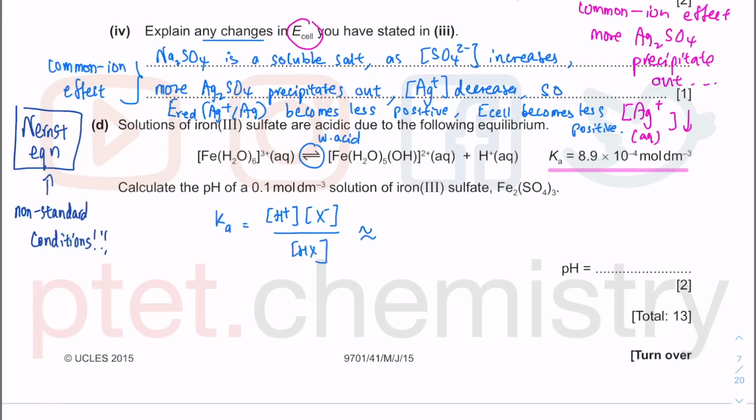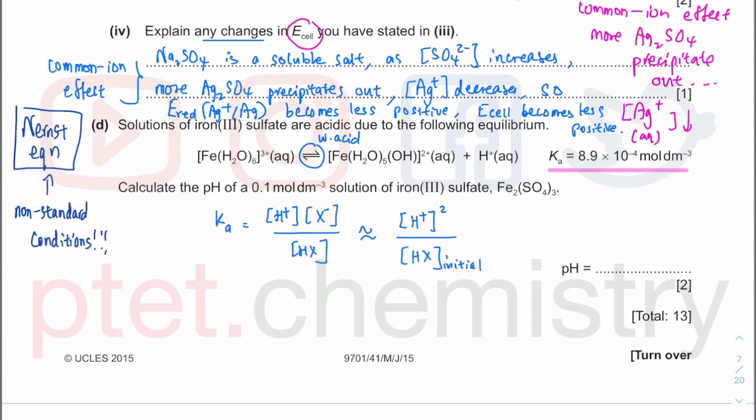We also know that these are in a 1-to-1 ratio, the conjugate base and the H+. So this is going to be approximated. You can approximate that to H+ squared, and then you can approximate the bottom to the initial concentration of the acid, since very little of it dissociates when you are a weak acid. So what we have there really is we want the pH.